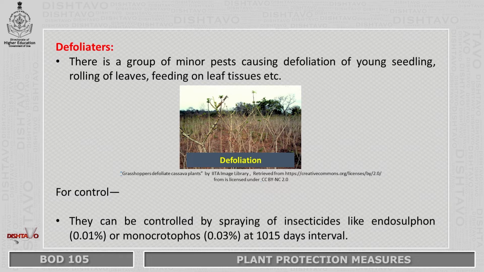For control, they can be controlled by spraying of insecticides. There are various insecticides available in the market. You can use endosulfan, that is 0.01%, at an interval of 10 to 15 days.